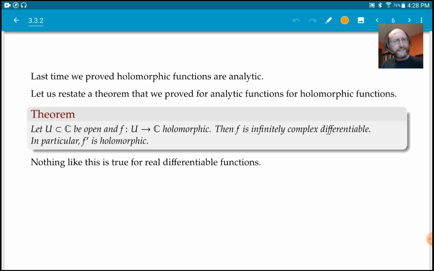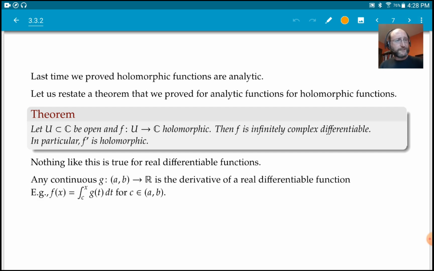I mean, nothing like that is true for a real differentiable function, right? Functions that have a real derivative, like functions on the real line. You can start with any continuous g, and a continuous function need not have a derivative at any point, right? It's easy to have an example that doesn't have a derivative at one point, but there's actually a way to construct a function which is not differentiable at any point whatsoever. It's still continuous. And that can be a derivative of a function, right?